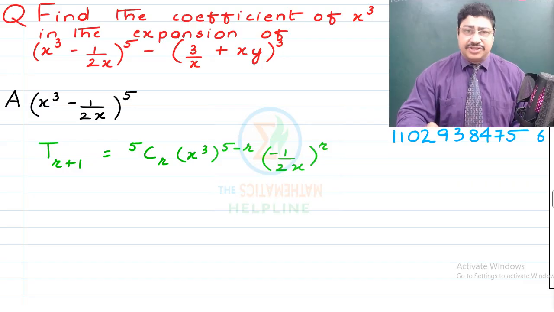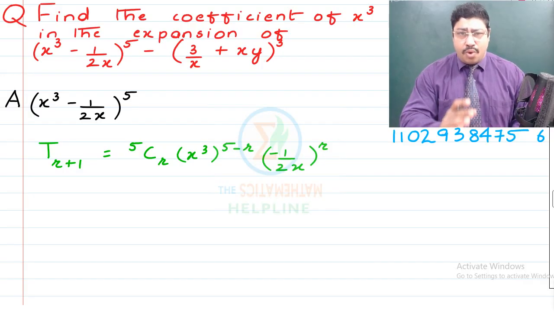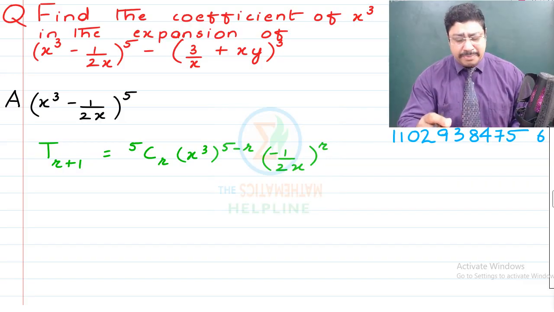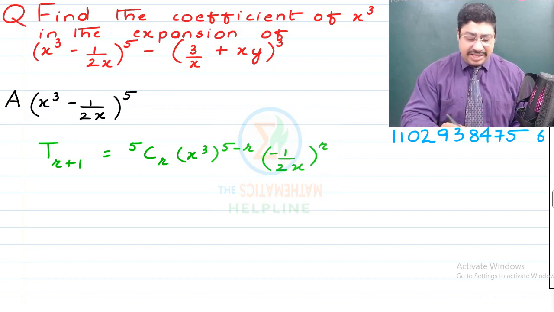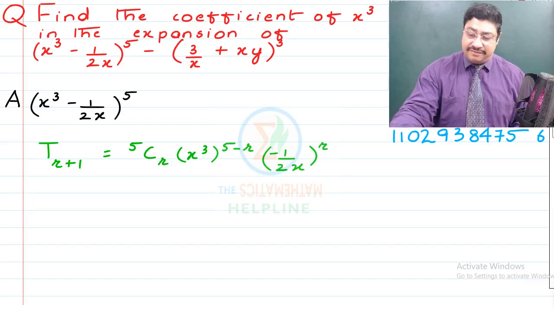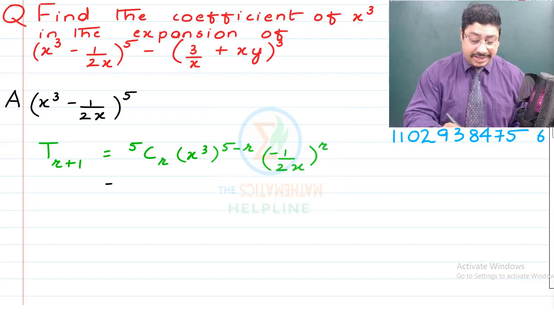So this will be the general term. Now, if you're interested in finding the coefficient, that is the number which is multiplied with any term which will contain x cubed, right? So let's first try and actually find this coefficient out, then you'll be able to understand that better.